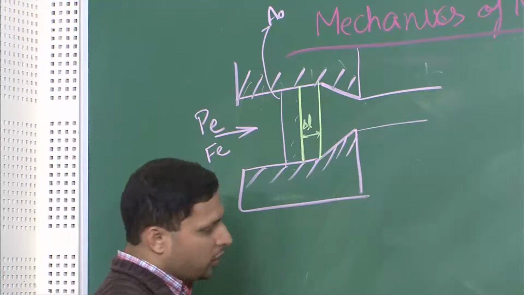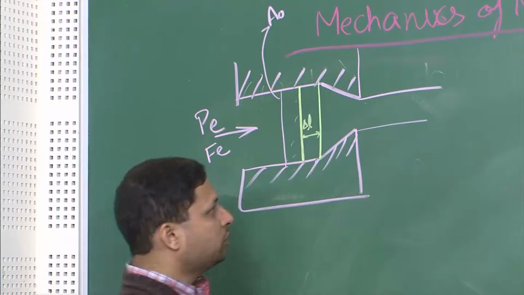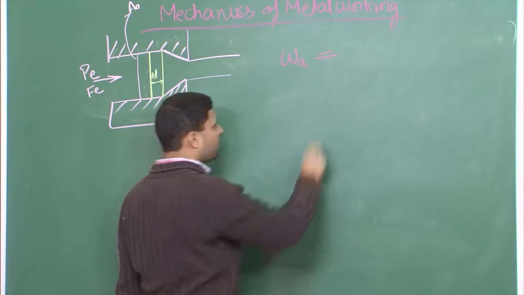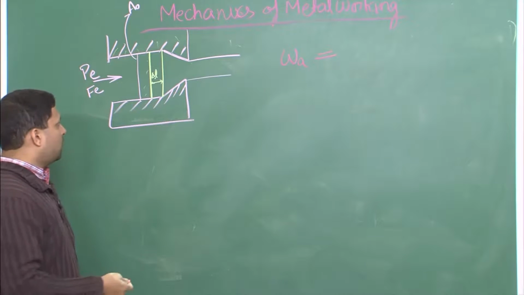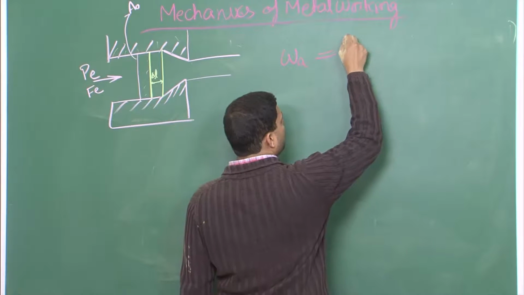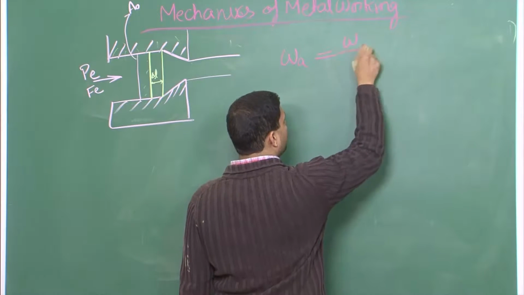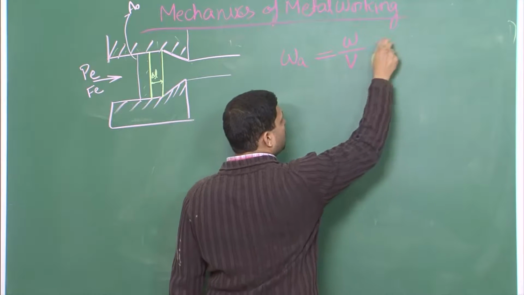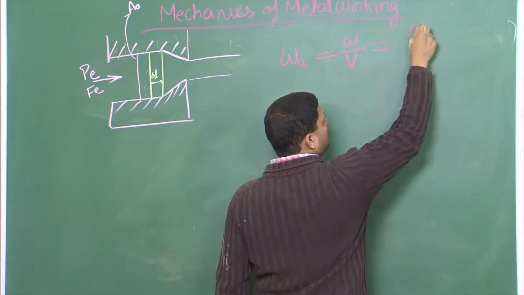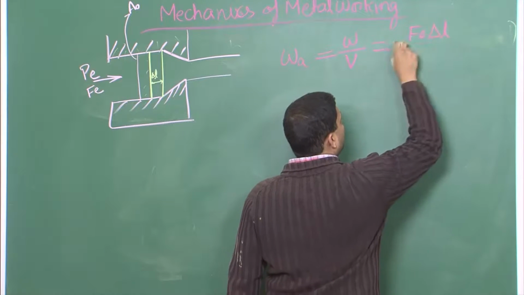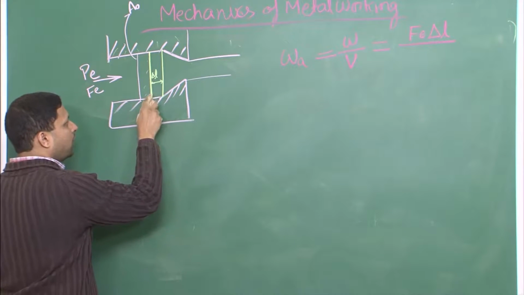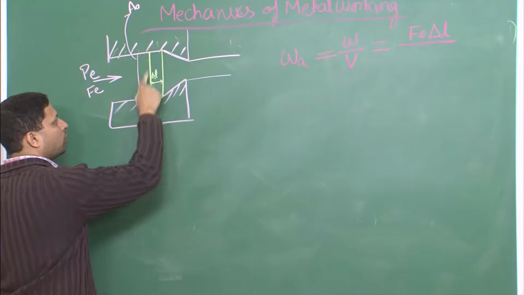Now, if I want to calculate work done per unit volume, and this will be the actual work because I am relating it to the actual pressure or force required. So, the work done per unit volume will be total work by volume. Work is what? Force Fe times delta L, and volume is what? This is the cross sectional area, and this total work has been done in this overall volume.